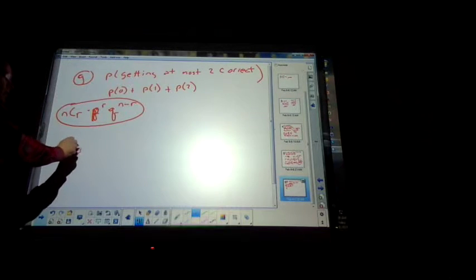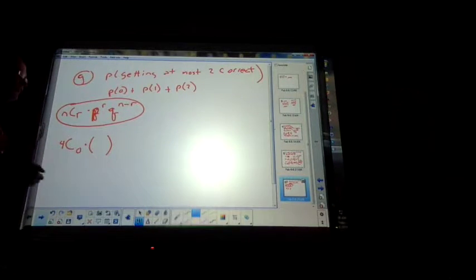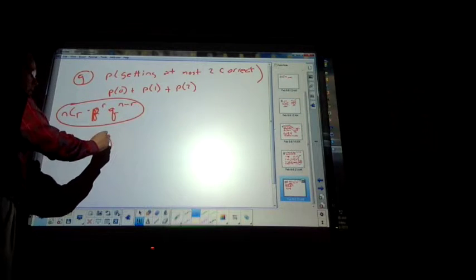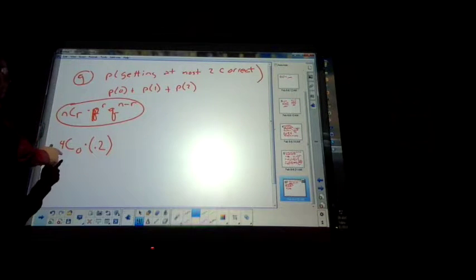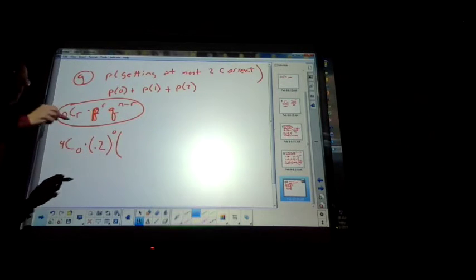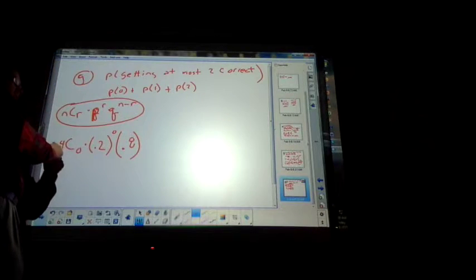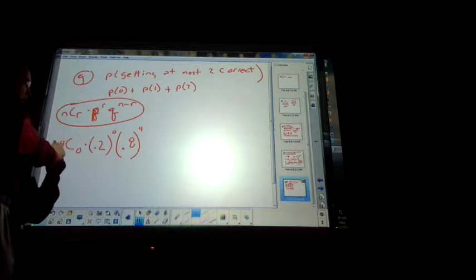So I have how many questions left? 4. So 4C0 times the probability of getting a correct answer. Probability with 5 choices is 1 out of 5, which is 0.2. If it's a 0.2 chance of getting it right, it's a 0.8 chance of getting it wrong, and that'll be raised to the 4th power because it'll be 4 minus 0.